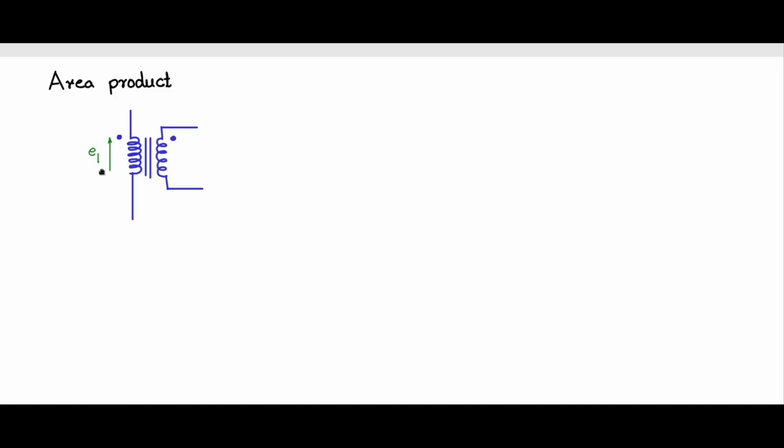Primary voltage EP measured in this fashion. Secondary EMF ES measured in this fashion. Primary has NP number of turns. Secondary has NS number of turns. Primary current IP flows in this fashion, and secondary current IS as shown.